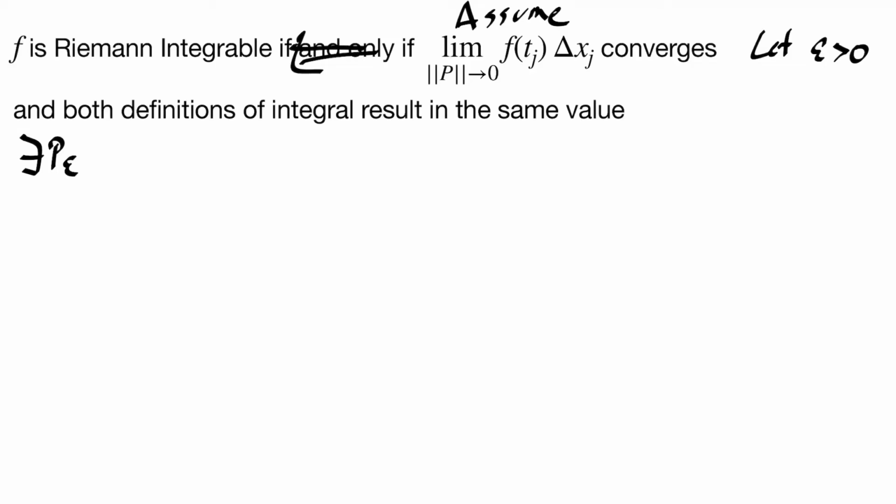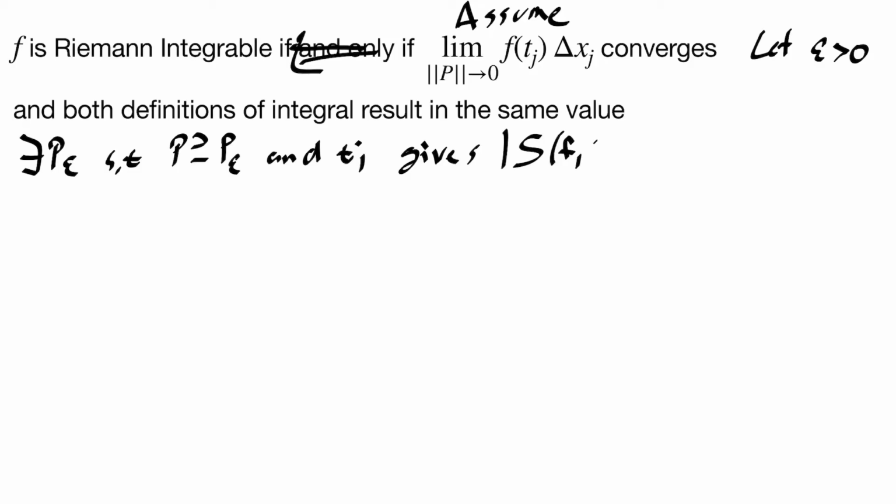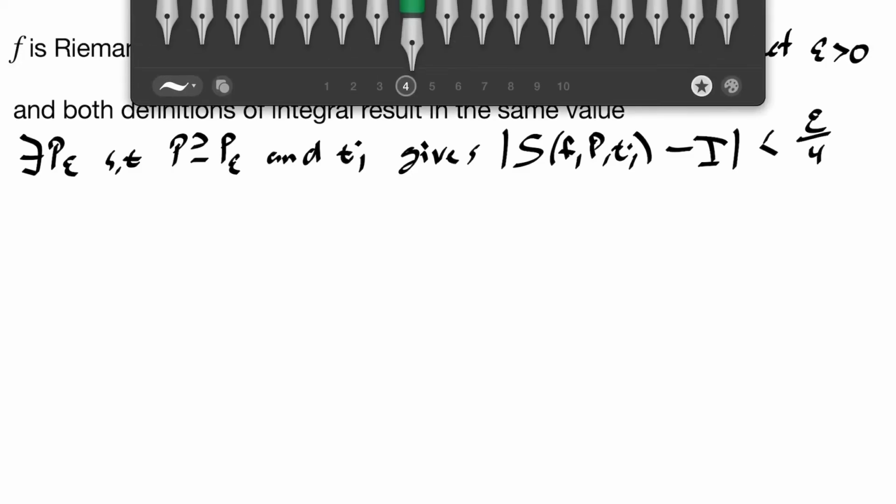Okay, so assume that converges, then there exists some partition, P epsilon, such that every refinement of P epsilon and every choice of tj gives that S of f, P, tj minus our integral value is less than, and I'm going to do epsilon over 4, because I'm going to be gluing a whole bunch of these epsilons together at the end of the proof.